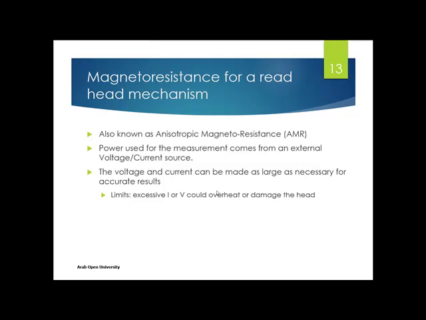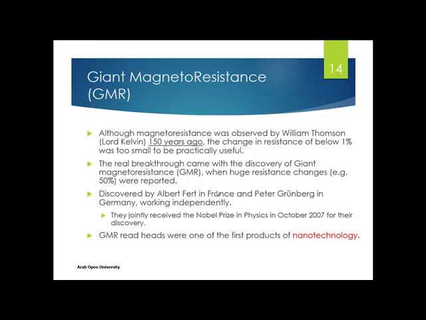So this is the limit of this principle, since applying a high voltage will overheat or damage the head. So this concept that was invented 150 years ago could not be applied because the change of resistance was below 1%, which cannot be detected using the limited amount of voltage that we can apply.